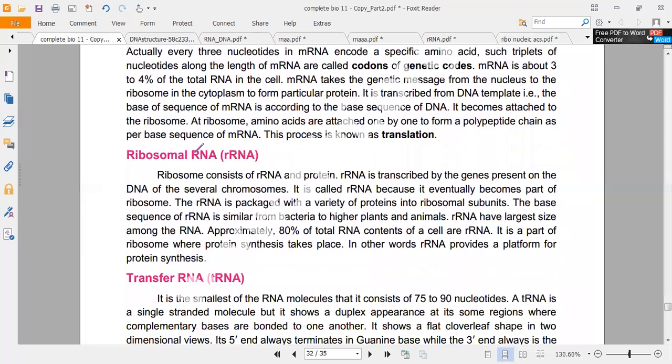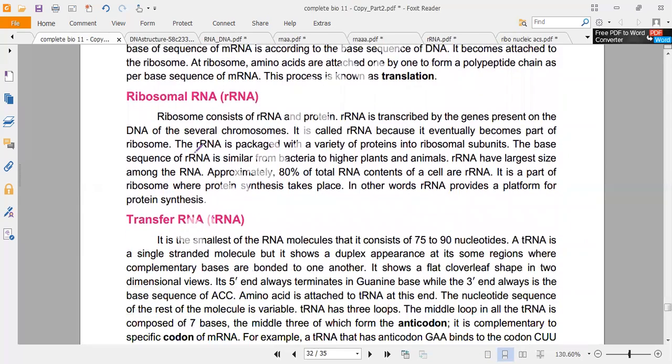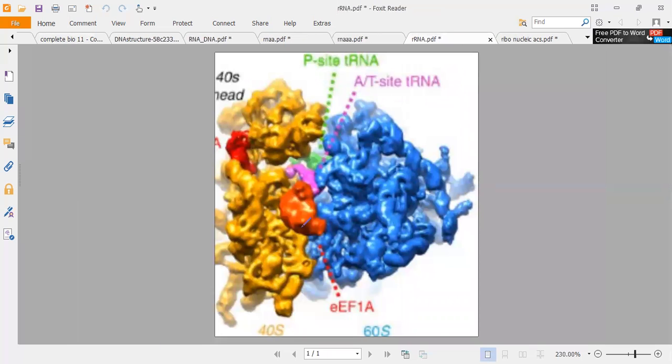Let's talk about ribosomal RNA. Ribosomal RNA is composed of RNA and proteins, as you can see in this diagram, and these are the sites for the attachment of transfer RNA.